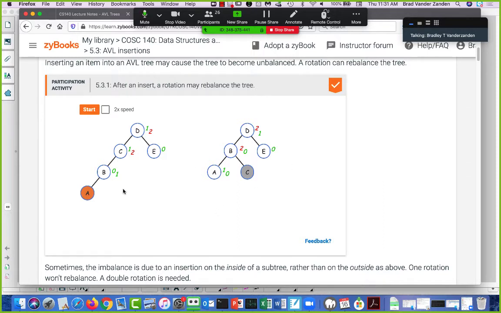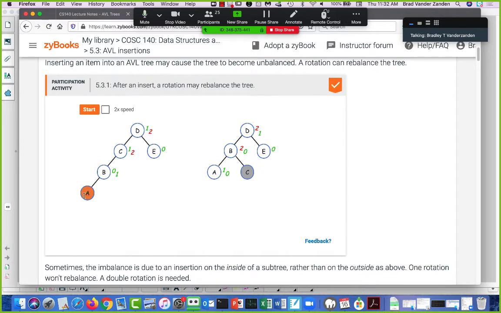So if we're inserting A here, we start by inserting using exactly the same insert algorithm we use for a binary search tree. But then, if necessary, we need to rebalance if the resulting binary search tree is not an AVL tree. And in this situation where we've added A, it's no longer an AVL tree.